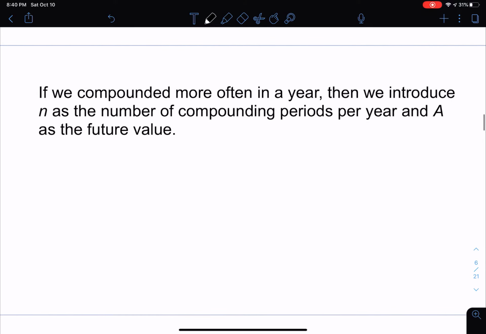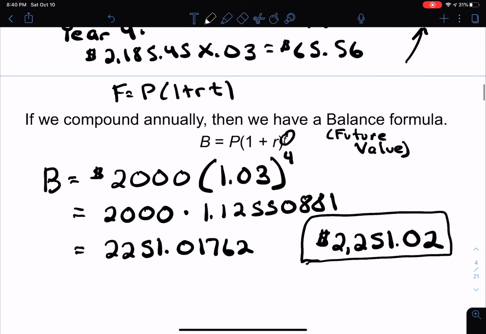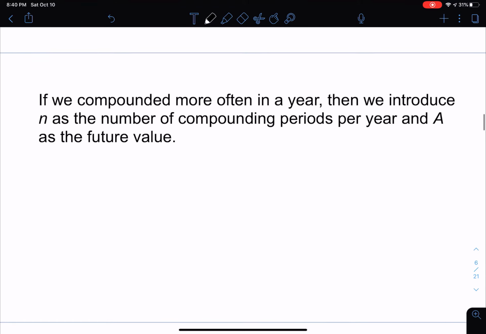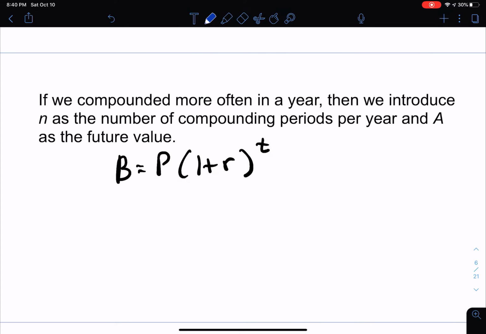And you'll see that your book changes the formula. Like what I was just saying, B equals P times 1 plus r to the t, right? Well, if we're going to start doing things with compounding periods, we're going to have to use that in.